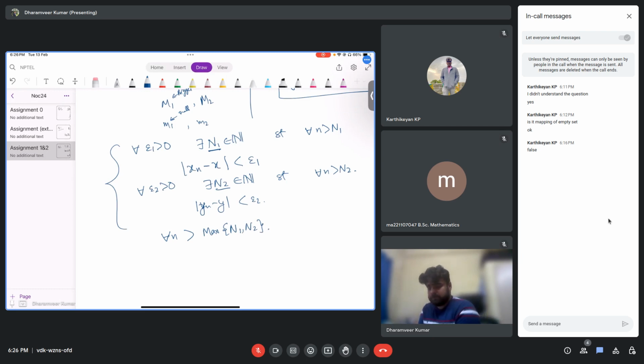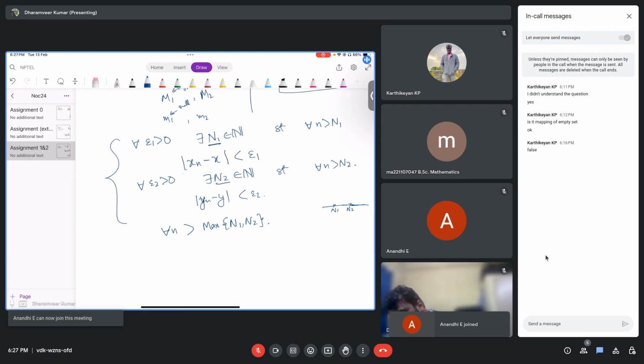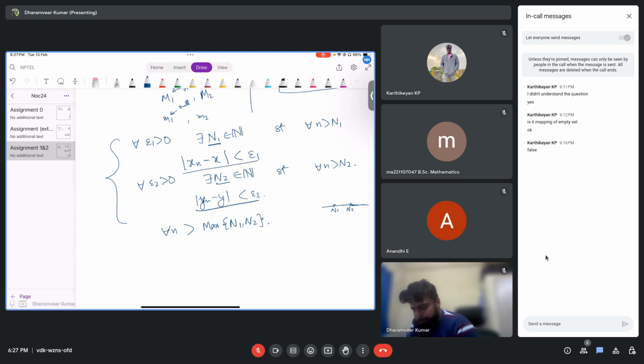Without loss of generality, let's say n2 is greater. So for whichever is greater, we are finding this small n greater than this. Both are valid for this n, so we just add them up.